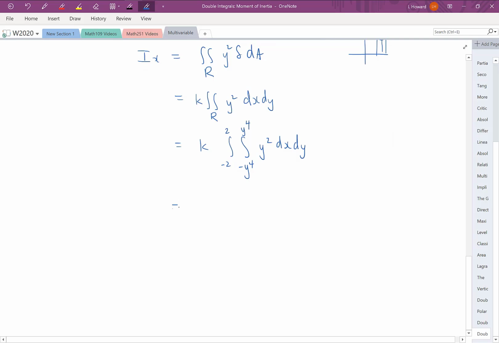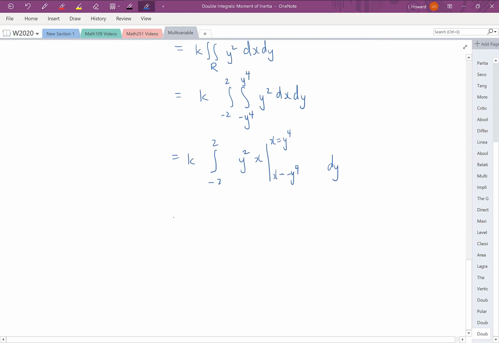So let's do our integration with respect to x. We'll leave our outside integral on there, outside differential on there, and we're going to integrate y squared with respect to x. So that's going to give us y squared x. And we're going to evaluate at x equal y to the fourth, and then x equal negative y to the fourth. Okay, so let's get this evaluated.